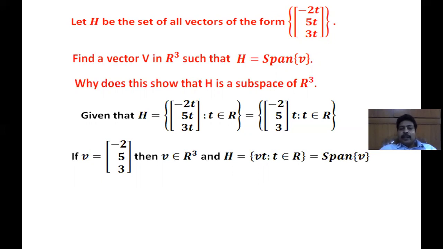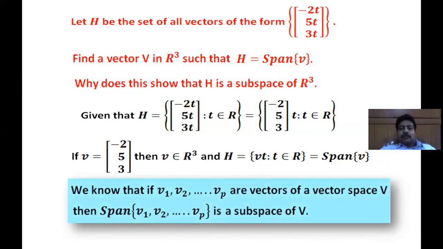And now H can be written with this thing replaced by v. So this is vt, where t belongs to R, which is nothing but a linear combination of a single vector v, that is span of v. So this is the required v. This is the vector spanning the set H.